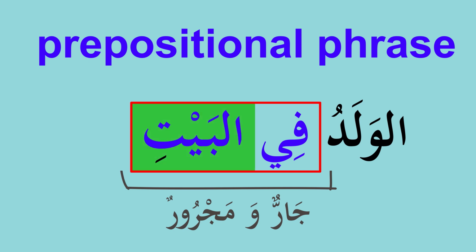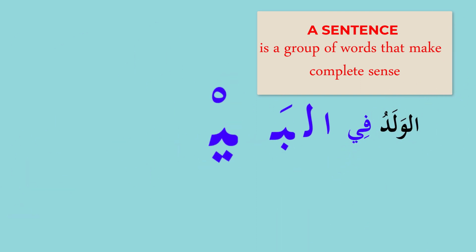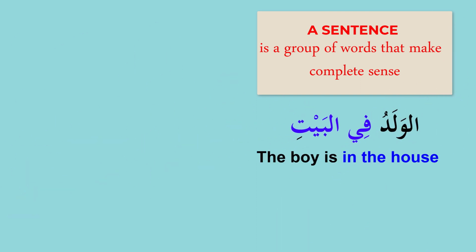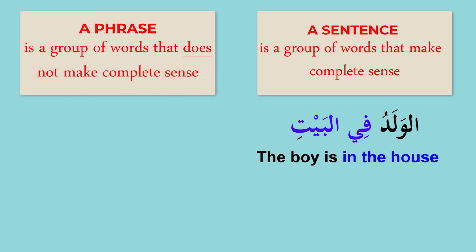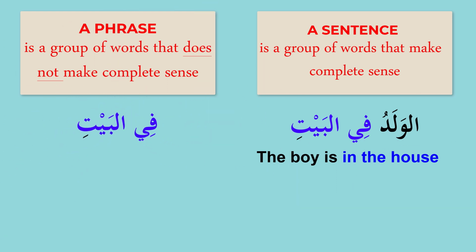What is a sentence? A group of words which make complete sense. What is a phrase? It's a group of words, but it does not give you complete sense. If I tell you, fil bayti, in the house, is it a sentence? No. What is it? A phrase.